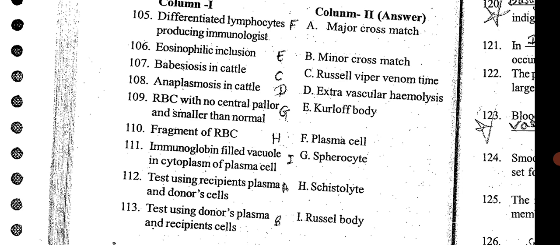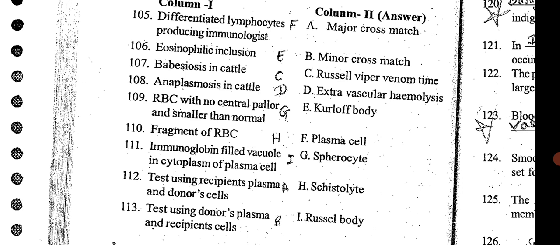In case of goats, if the red blood cell is less than 16 micrometer, and it is not paler or faded from the center, then it will be the spherocyte. Spherocyte is the red blood cell with no central pallor and smaller than normal.